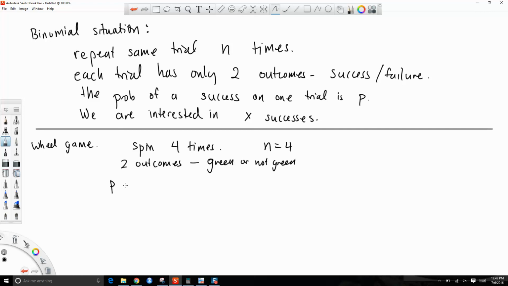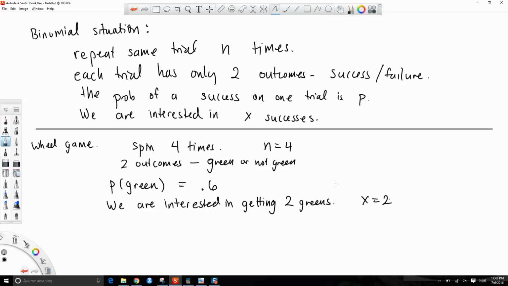The probability of a success, the probability of getting green, is 0.6, and we are interested in getting 2 greens. So here x is equal to 2, and p is equal to 0.6.